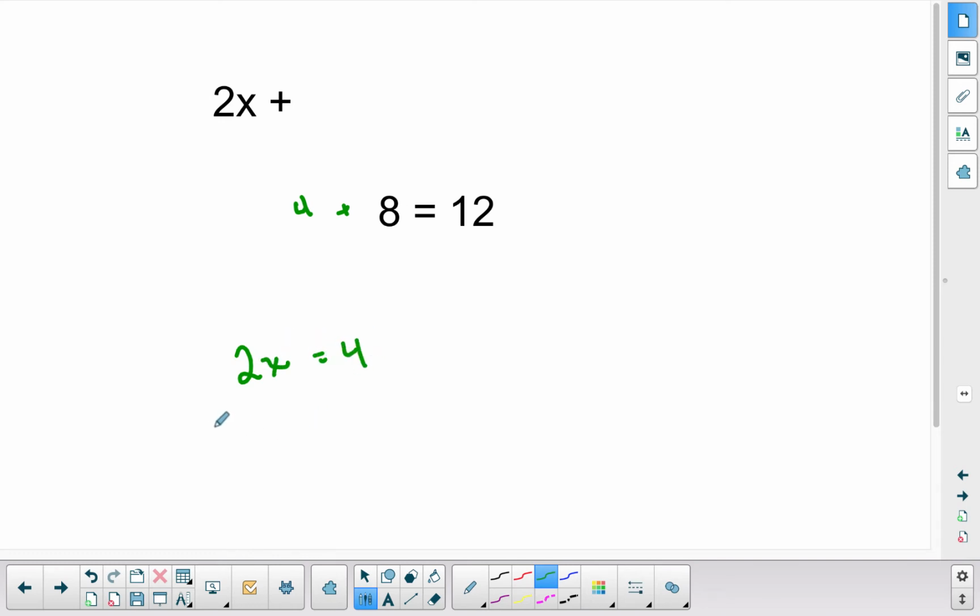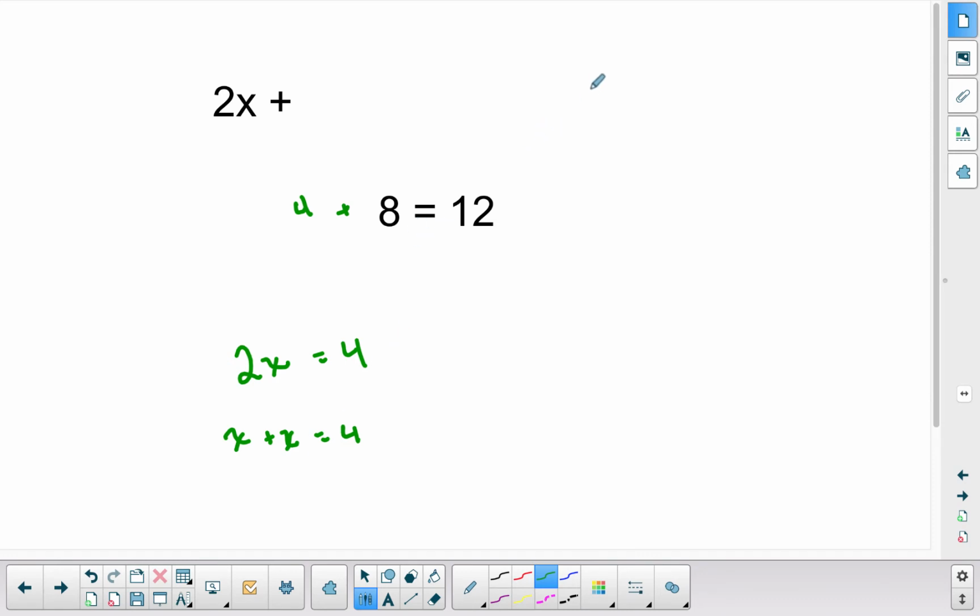And 2x is really just this and, oh yeah, this right here. So x and x make 4, and x has to be the same number. It can't be like, oh, this x is 3 and this x is 1. x is x. It's the same thing. So it has to be 2 and 2.